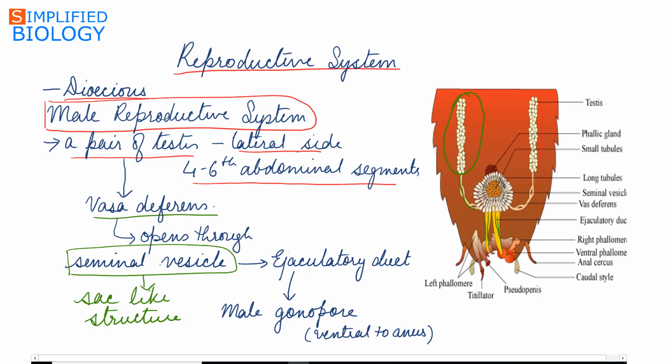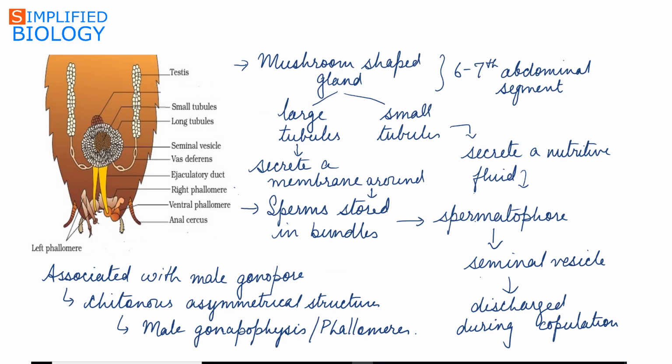The ejaculatory duct then opens outside through the male gonopore, which lies ventral to the anus. Associated with the seminal vesicle are mushroom-shaped glands, also known as the utricular glands.